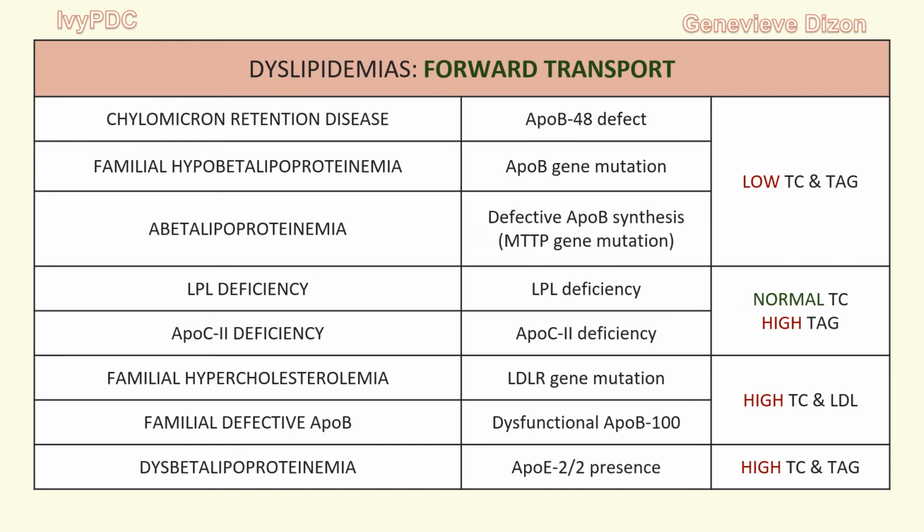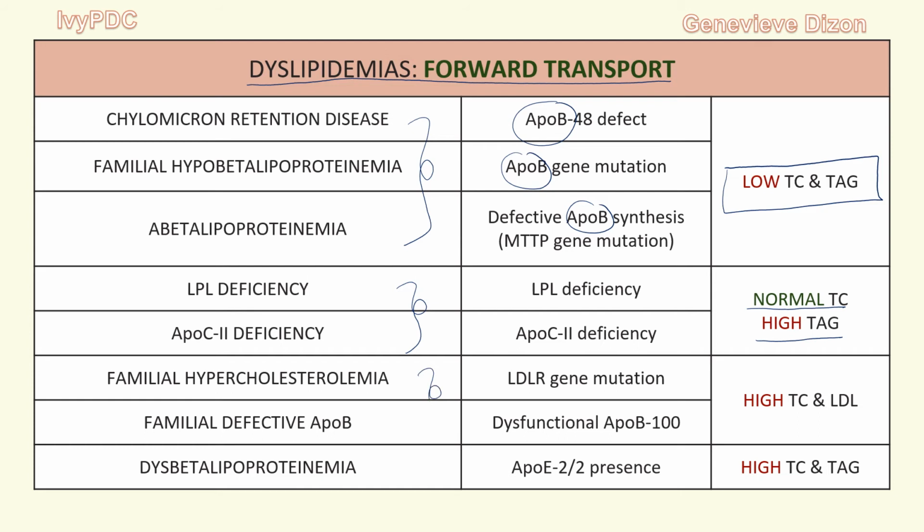This is a chart showing the summary of the different dyslipidemias involving the forward transport. For the first three conditions, there would be a decreased total cholesterol and triglyceride level affecting mostly the Apo B lipoprotein, while LPL deficiency and ApoC deficiency will have a normal total cholesterol and a high triglyceride level.